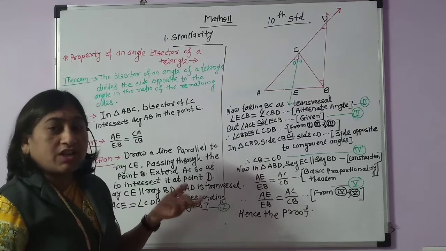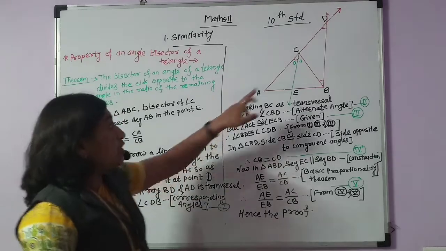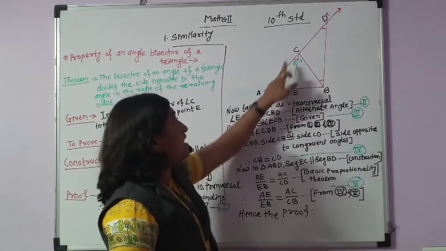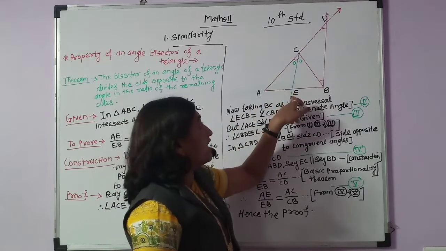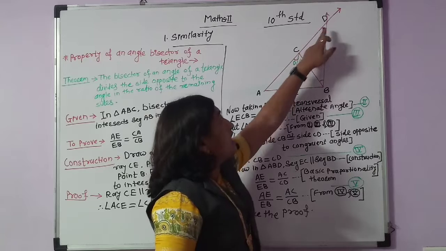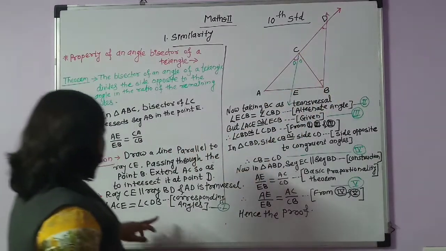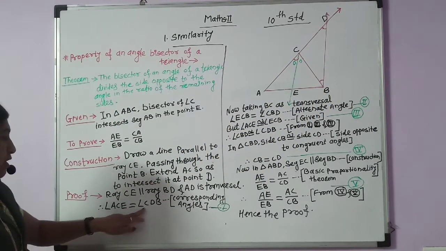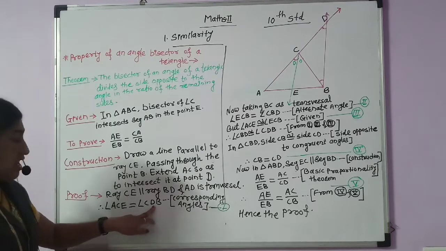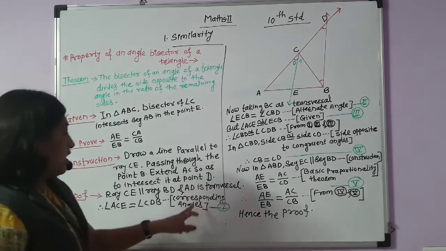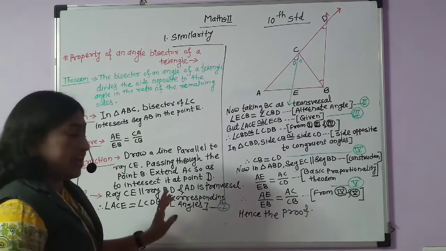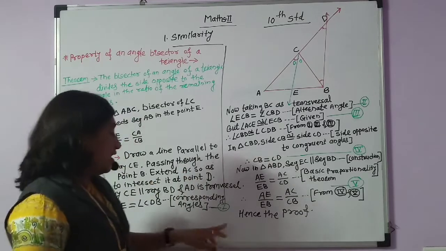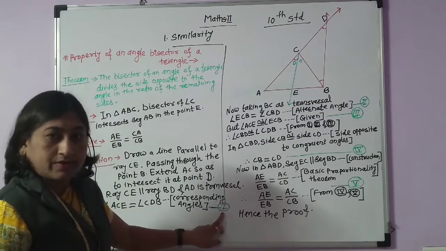Therefore, by using the corresponding angle property, we write angle ACE is congruent to angle CDB. Reason: corresponding angles. This is our equation number 1.